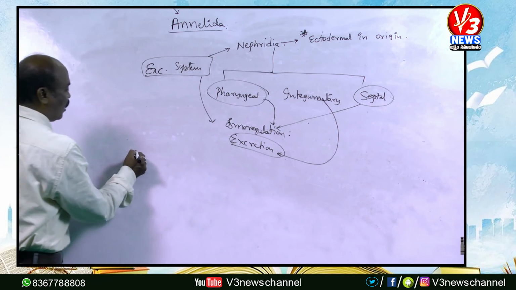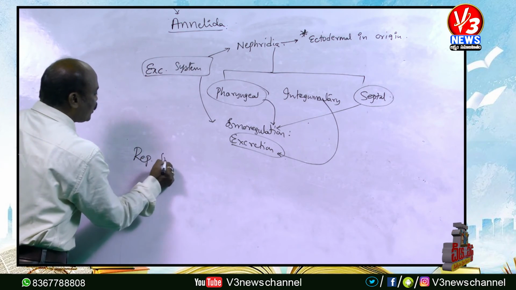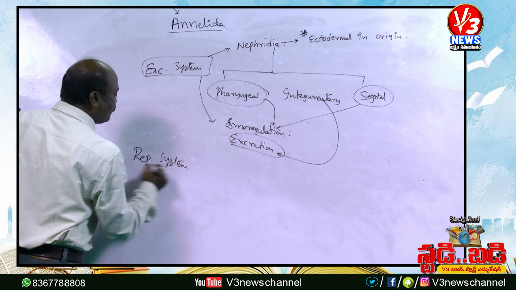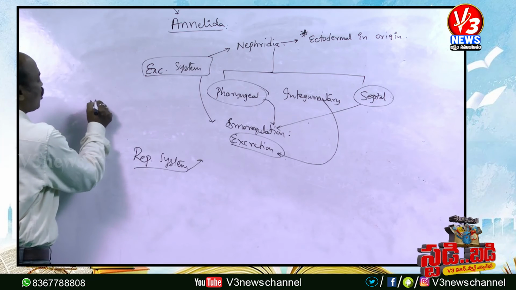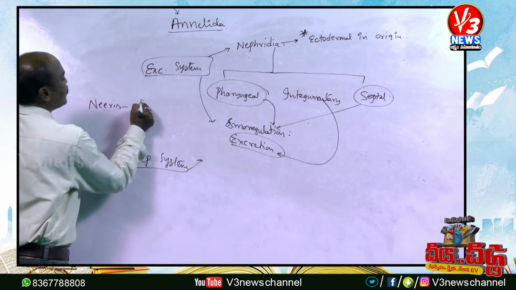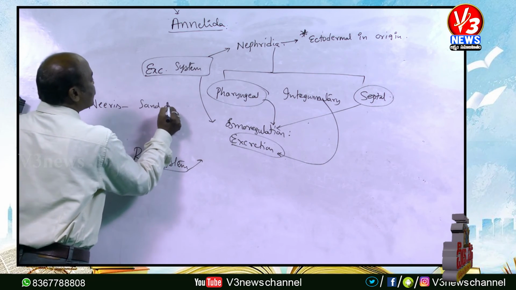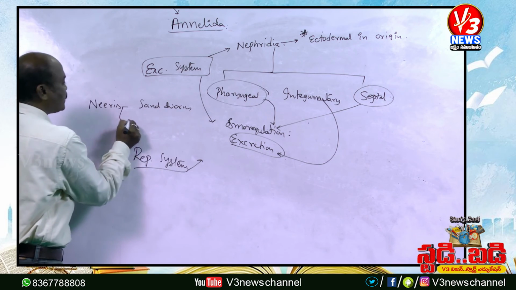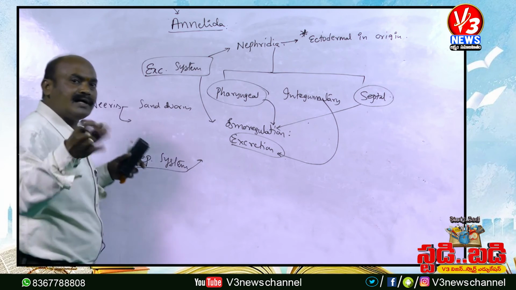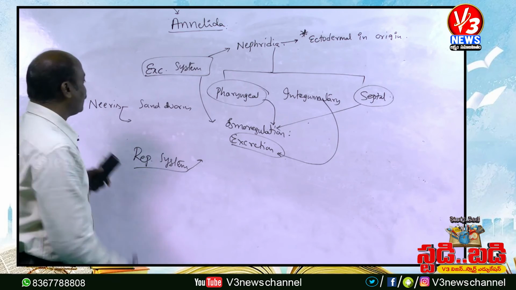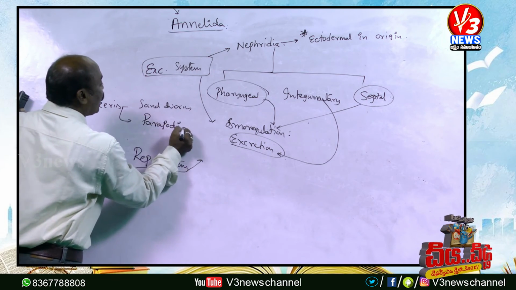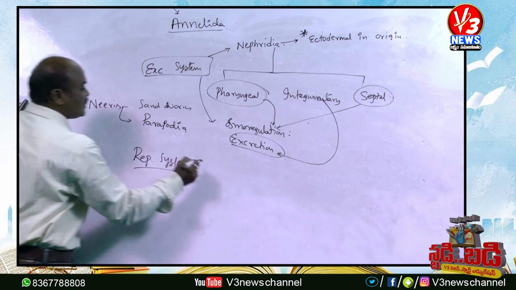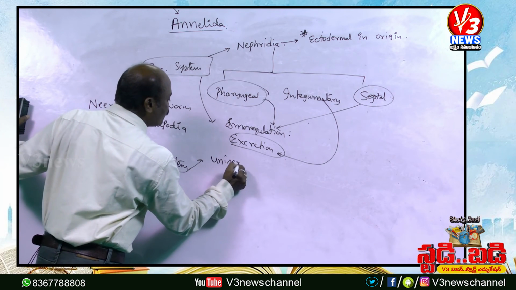So coming to the last, the reproductive system. Except Nereis, commonly called sandworm, in this Nereis, vascularized parapodia are there for locomotion as well as respiration. Nereis is unisexual.